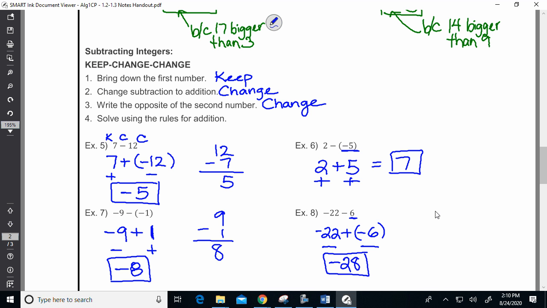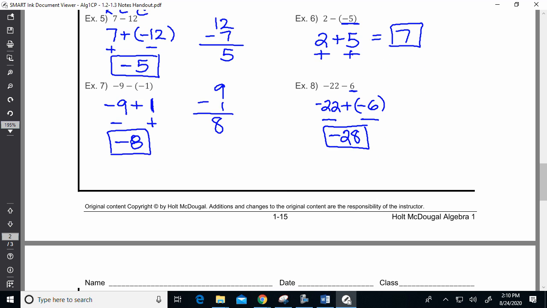Any questions with subtraction? Last one is going to be multiplying and dividing. That's pretty easy. All right, then let's multiply and divide. And then the last part we'll finish up on Wednesday.